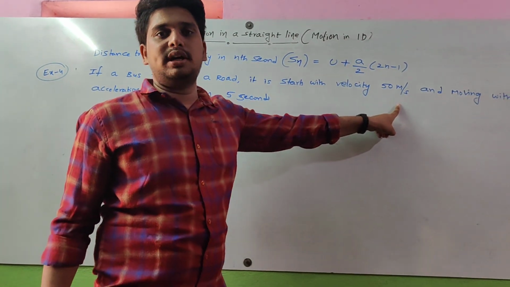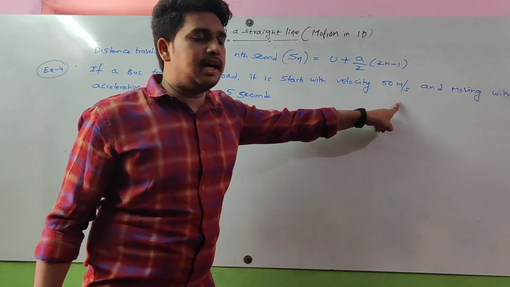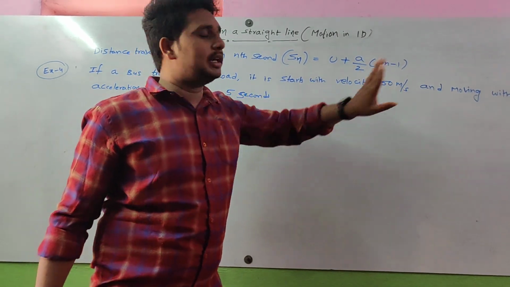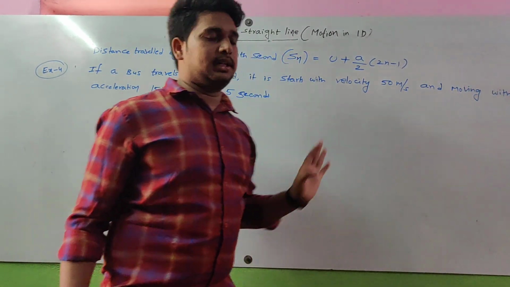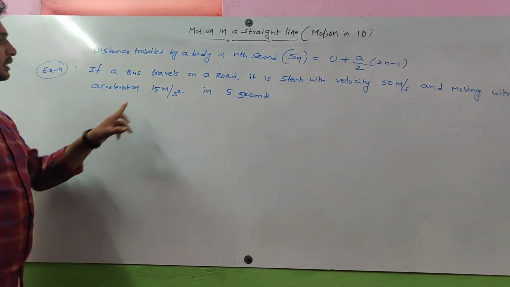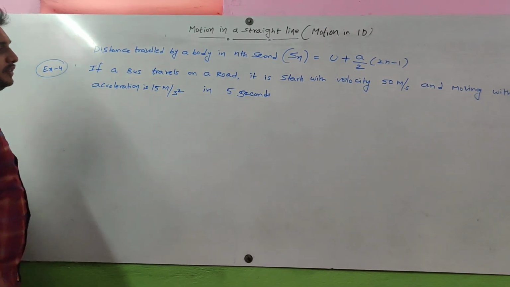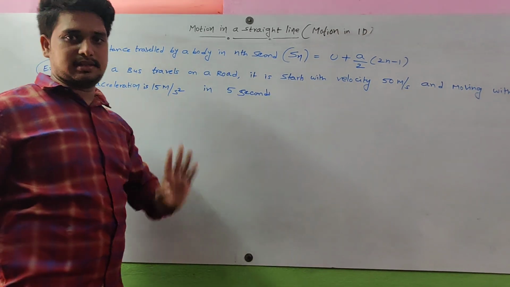Starting velocity means initial velocity is 50 meter per second, and it moves with acceleration 15 meter per second square, in 5 seconds. Let us consider 5 seconds. I take this as an example problem.